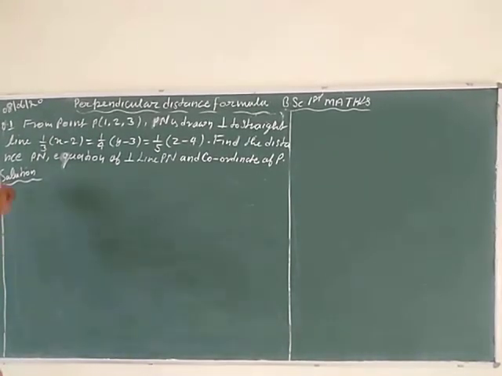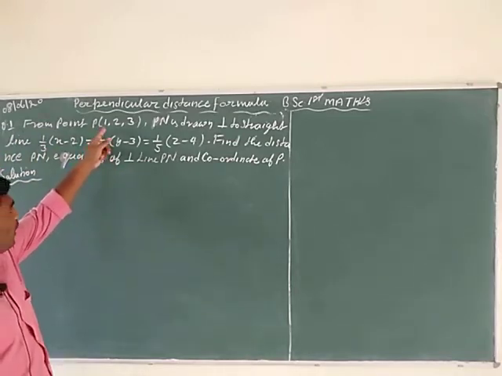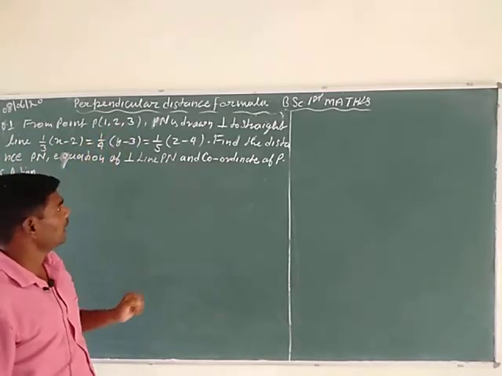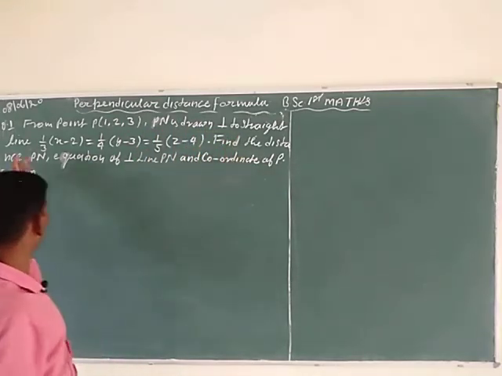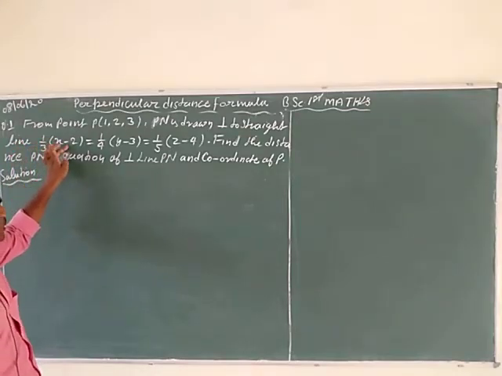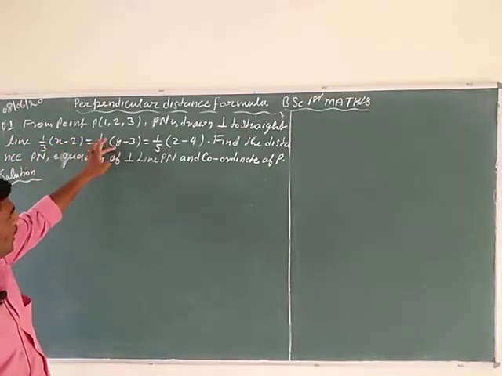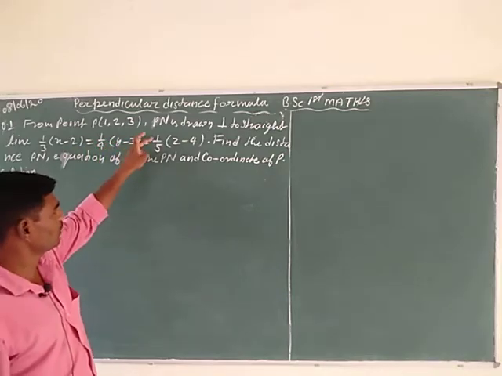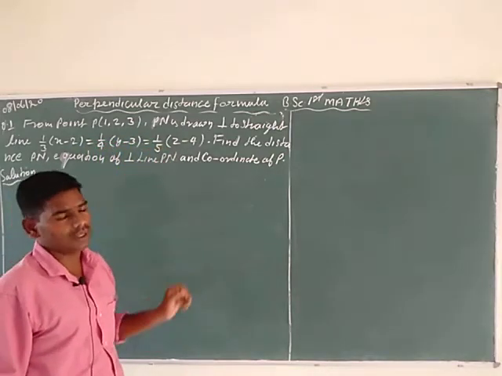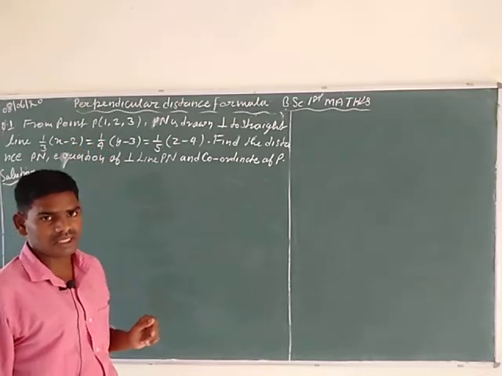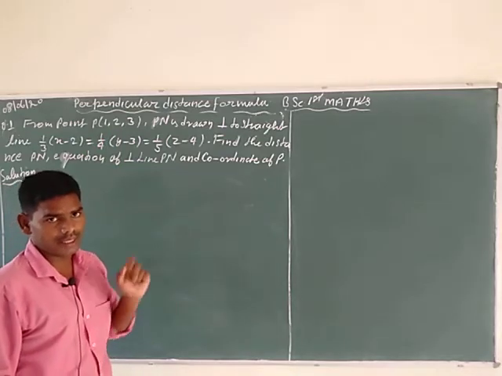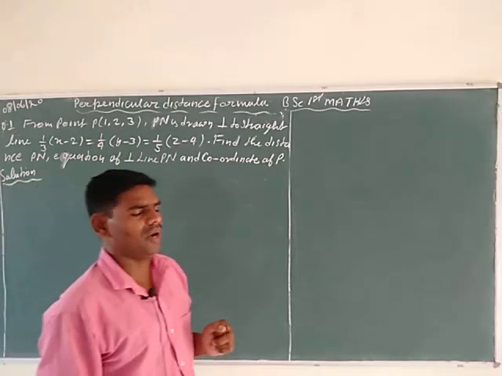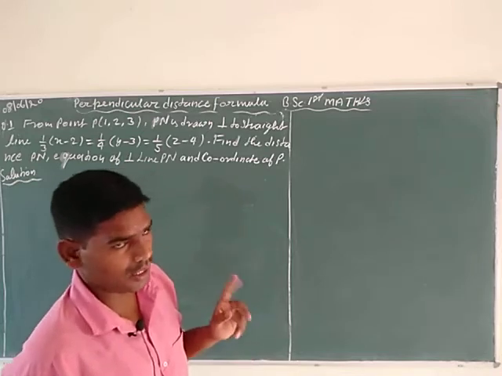In the first question, from the point capital P whose given coordinates are 1, 2, 3, PN is drawn perpendicular to the straight line (x minus 2)/3 = (y minus 3)/4 = (z minus 4)/5. Here this is the equation of a straight line in symmetrical form, and P is a given point, and a perpendicular line is drawn from point capital P to the given straight line.